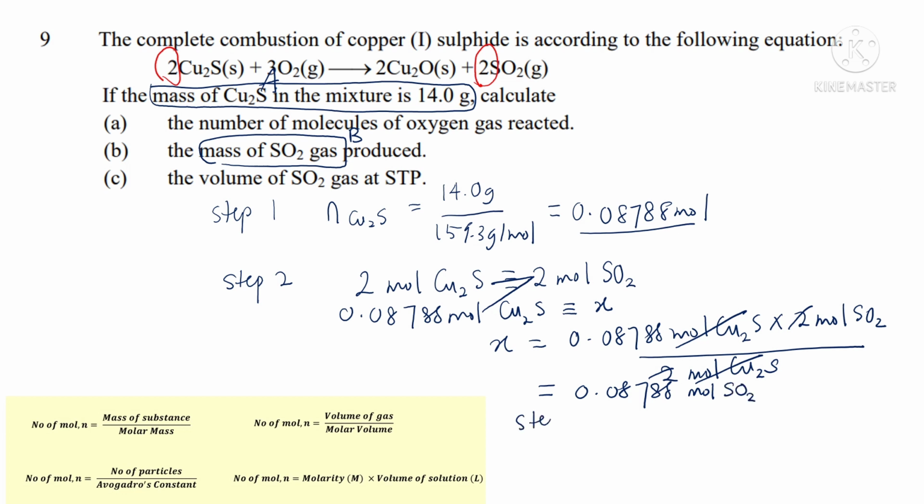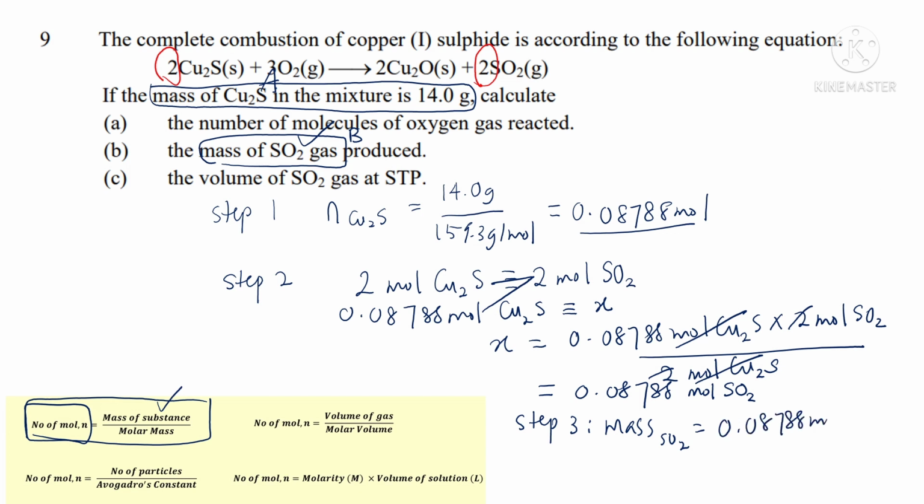And in step number 3, we want to calculate the mass of sulfur dioxide gas, so we need to use this formula: number of moles equals mass divided by molar mass. So to calculate the mass of sulfur dioxide gas, basically we need to use the number of moles of sulfur dioxide gas, 0.08788 mole, multiplied by the molar mass of sulfur dioxide, so that is 64.1 gram per mole.